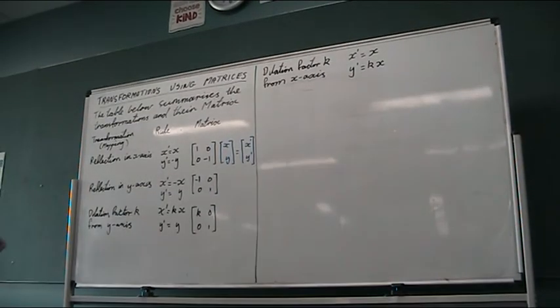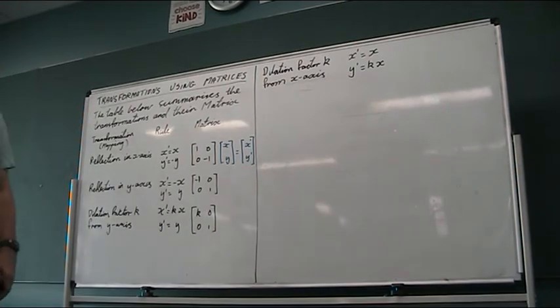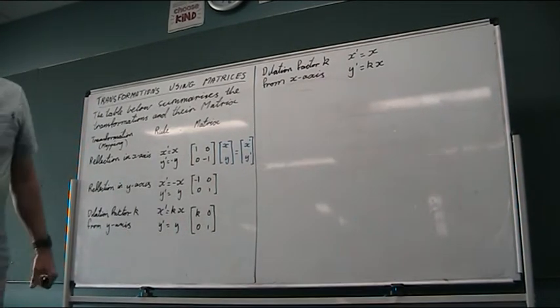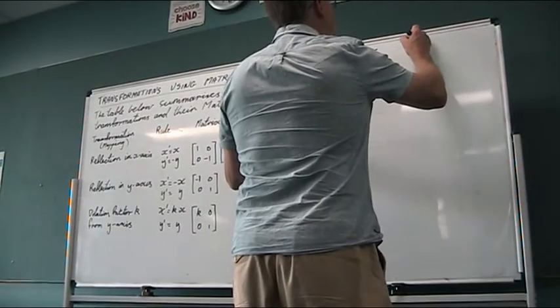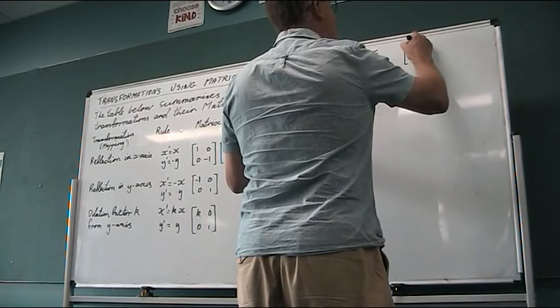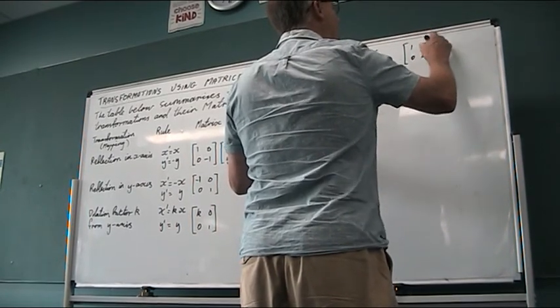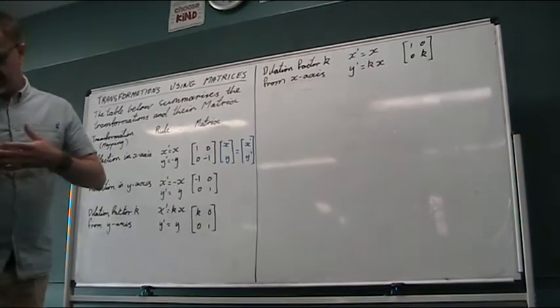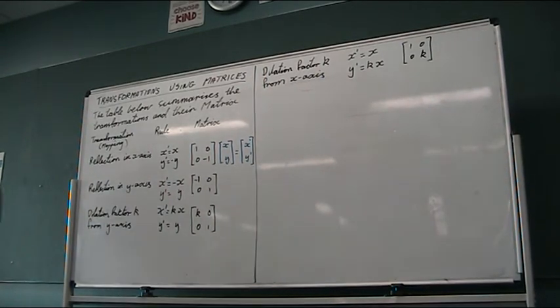Remember, using that word factor, factor means multiply. The matrix has the k down in that bottom corner there.